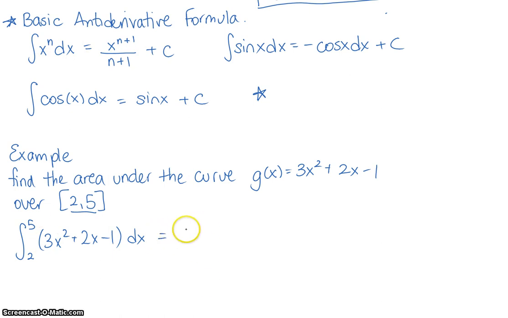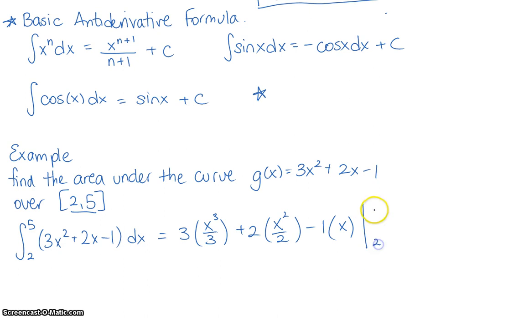So this is then the same as saying 3 going up a degree dividing by 3, plus 2 going up a degree dividing by 2, minus your 1 and going up a degree and dividing by 1. This is then evaluated from 2 to 5. So that's your antiderivative, which will be evaluated from 2 to 5.